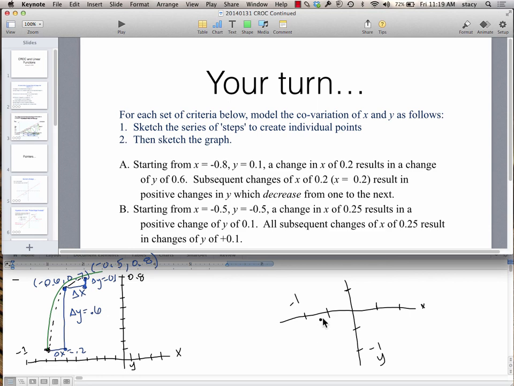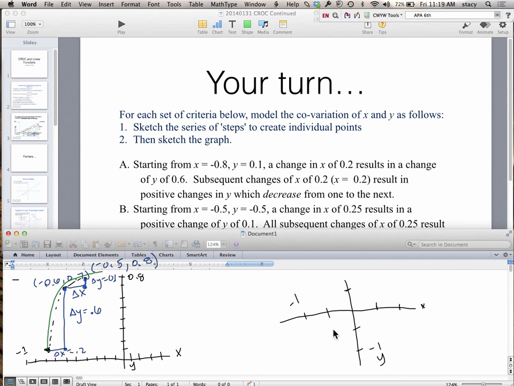What about B? How does B differ? So it says I start at negative 0.5, negative 0.5, and a change in x of 0.25 results in a positive change of y of 0.1. So if I do a positive change in x of 0.25, I get a change in y of 0.1, okay?